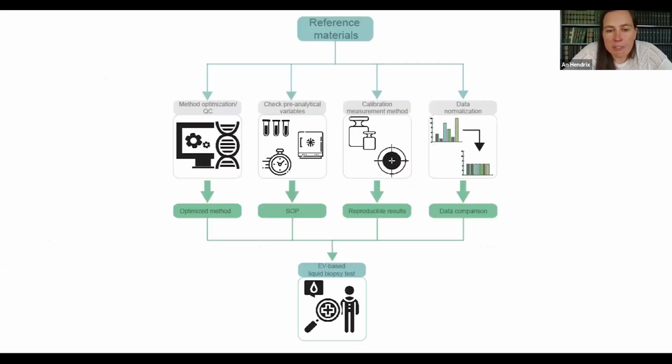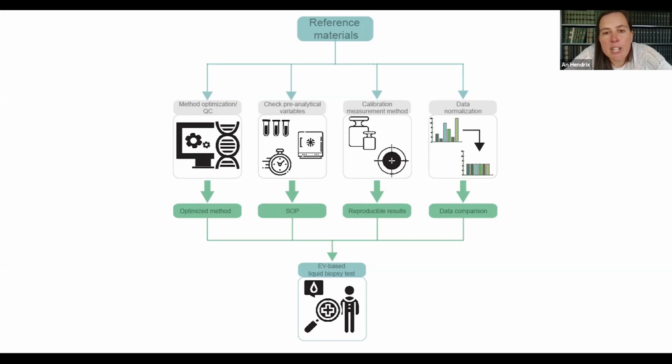So to solve and to further increase this reproducibility issue, reference materials will be key. A reference material can have multiple purposes. They can assist method optimization, also for extracellular vesicles. They can help to identify which pre-analytical variables are influencing the identification and characterization of extracellular vesicles, such as choice of blood collection tubes, storage temperature, transport, and so on.